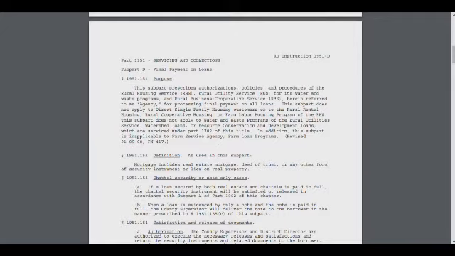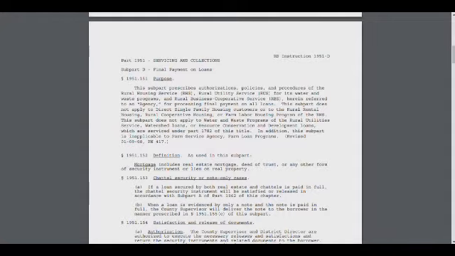1951.151 Purpose. This subpart prescribes authorizations, policies, and procedures of the Rural Housing Service (RHS), Rural Utilities Service (RUS) for its water and waste programs, and Rural Business Cooperative Service (RBS), herein referred to as agency, for processing final payment on all loans.